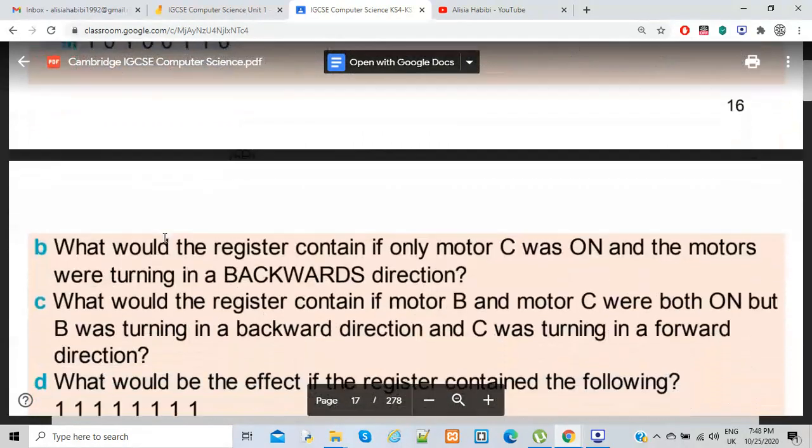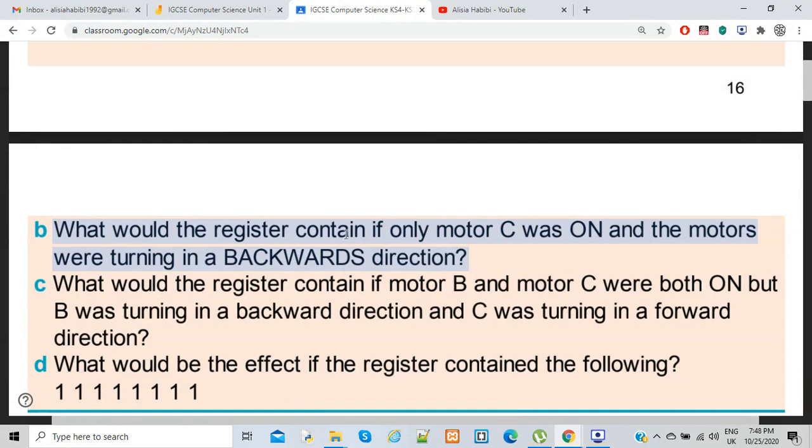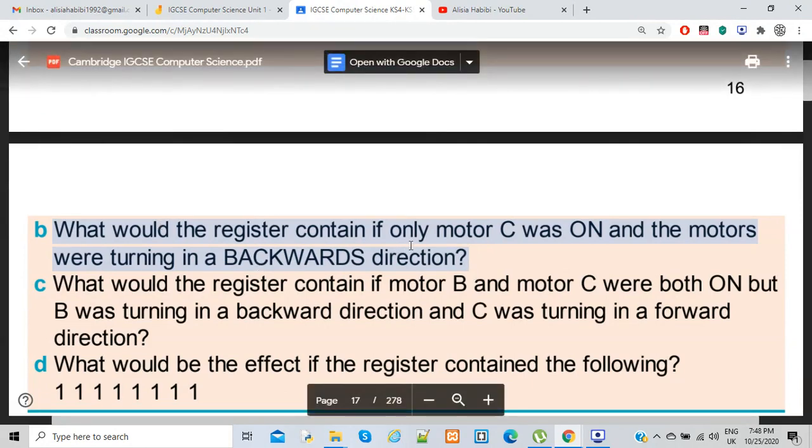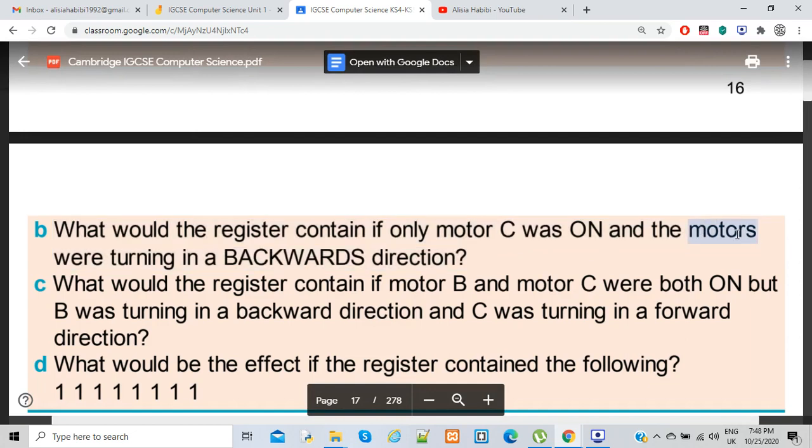Now we're going to look at this verbal question scenario. It says, what would the register contain if only motor C was on and the motors were turning in a backwards direction? So motor C should be turned on and turning backwards. It doesn't say only one motor turning, so B and C should turn in a backwards direction.